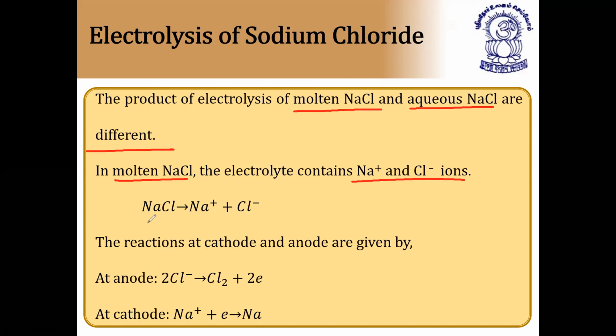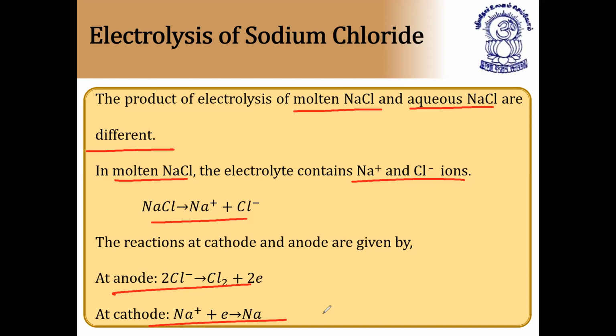NaCl dissociates into Na+ and Cl-. The reaction at anode is 2Cl- changes to Cl2, so chlorine gas is formed at anode, and sodium metal is formed at cathode. This is only if you take molten NaCl.